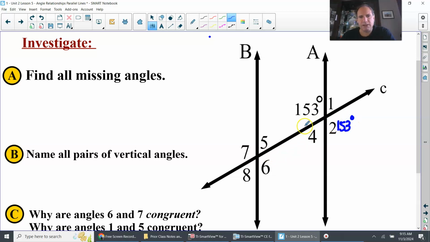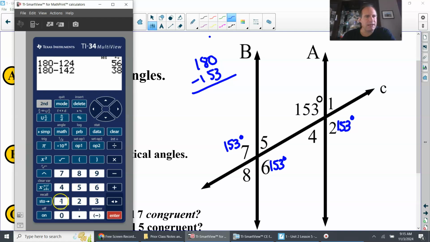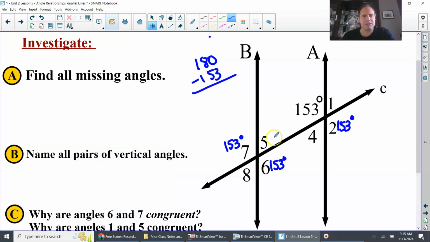Yes, angle 6 is 153, and angle 7 is 153. All we have left are acute angles. So we're just going to do 180 minus 153. We're going to bring up the calculator. 180 minus 153, and you're entering 27 degrees. So you can put down 27 degrees for angle 5. Small angle, acute angle, angle 8. Acute angle, angle 4. And acute angle, angle 1.